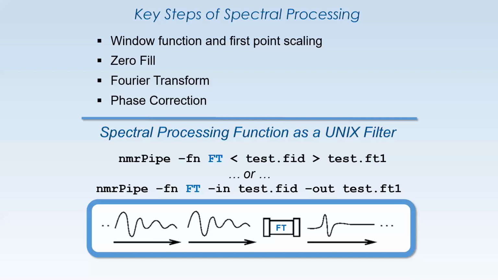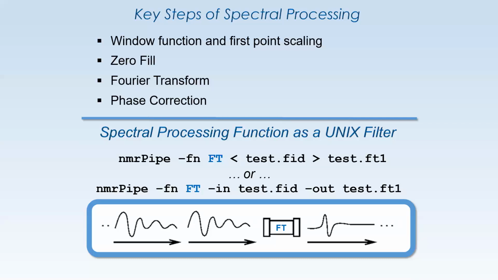In order to do spectral processing like this, the NMRPipe system, the engine for performing Fourier transforms in the NMRPipe software, takes some important concepts from the Unix computer operating system. One concept is the idea of a filter.